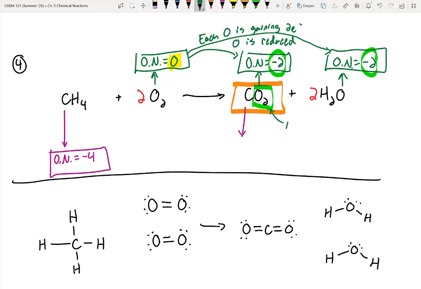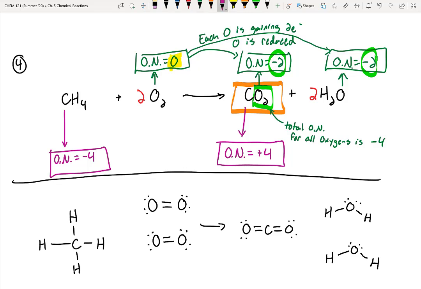So the total oxidation number for all oxygens is -4, because we've got 2 oxygens, each with a -2. Make sense? Okay, so now we go to the carbon and ask what the oxidation number must be. +4, in order to cancel out the -4. Perfect.